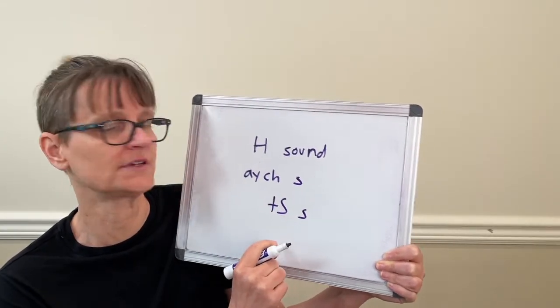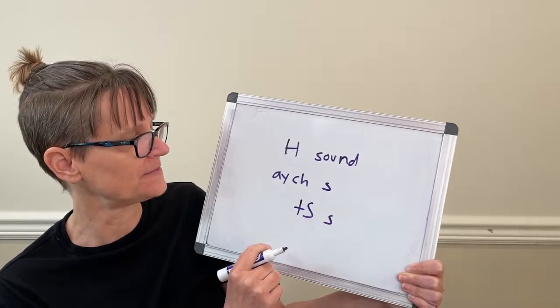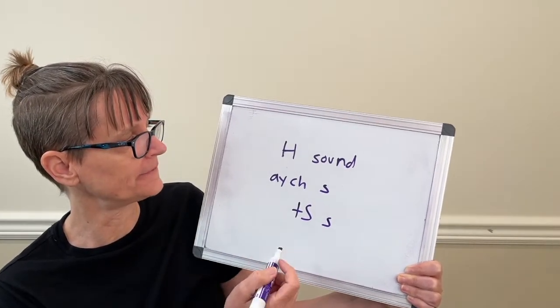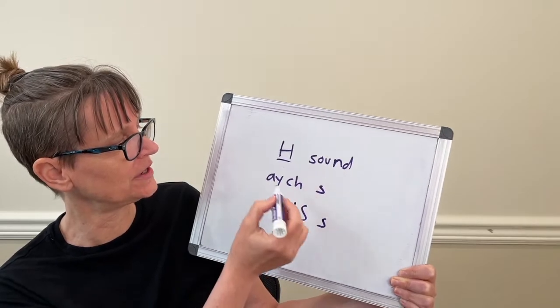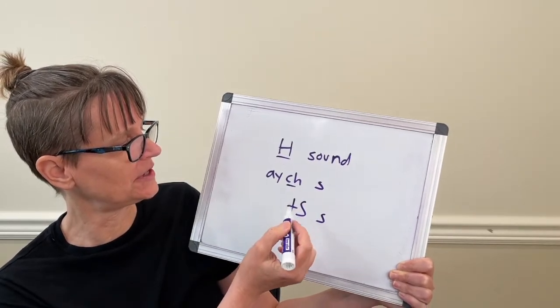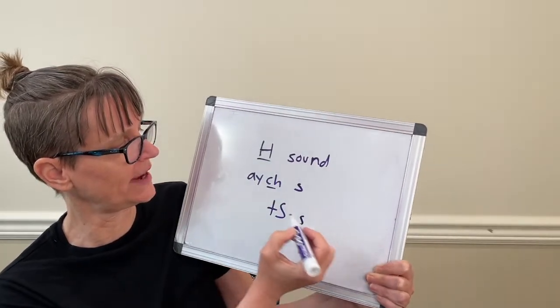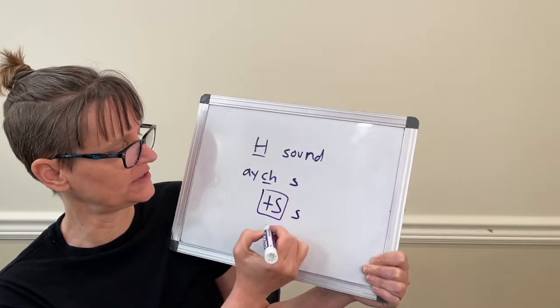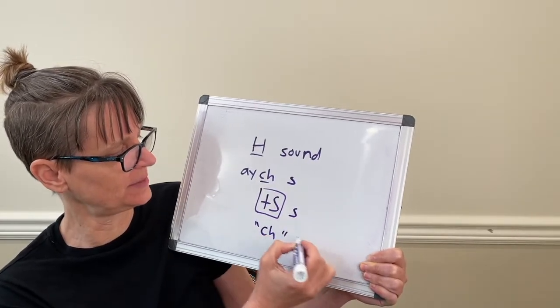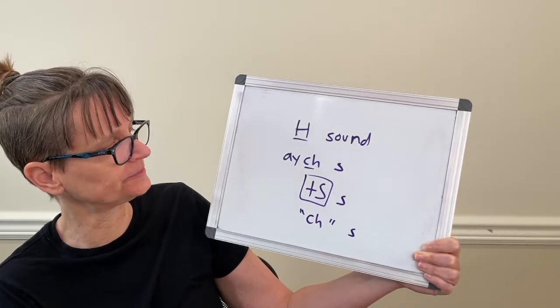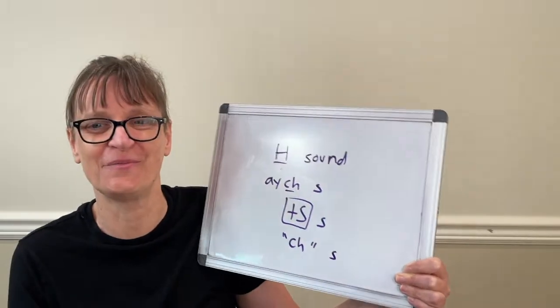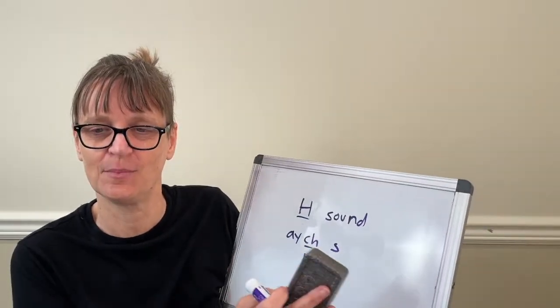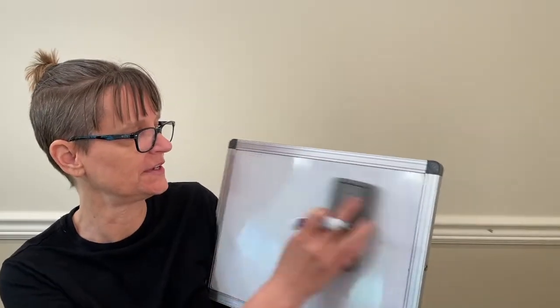There's an H sound. Yeah. Okay, so letter H at the end of a word like touch, we're looking at the ch sound plus this sound together. Yeah, okay, hopefully that answered both of your questions.